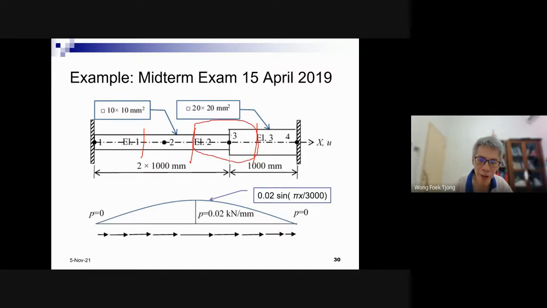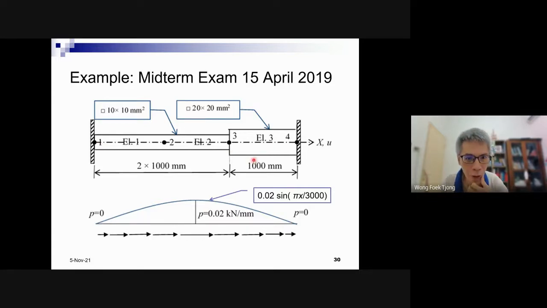We cannot take this as one element. It is not recommended like this. So we should divide this into 2 elements at this point. If you want, we could divide again into 5 elements maybe, but here I use just 3 elements: 1, 2, 3.